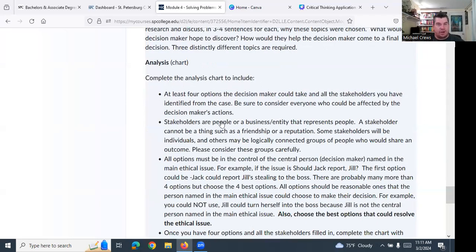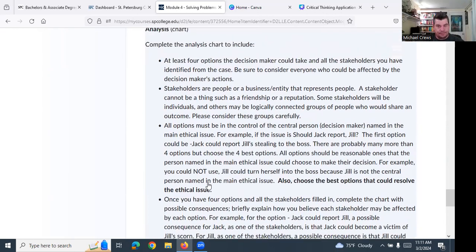Then in the analysis chart here, it talks about how to set this up, and I'll show you an example in a minute, but essentially what you're looking to do is identify your decision maker, the person that has to make a decision, and then have 4 options that the decision maker could take to answer that should question that you laid out. Now, this is very important. They have to be within the direct control of your decision maker.